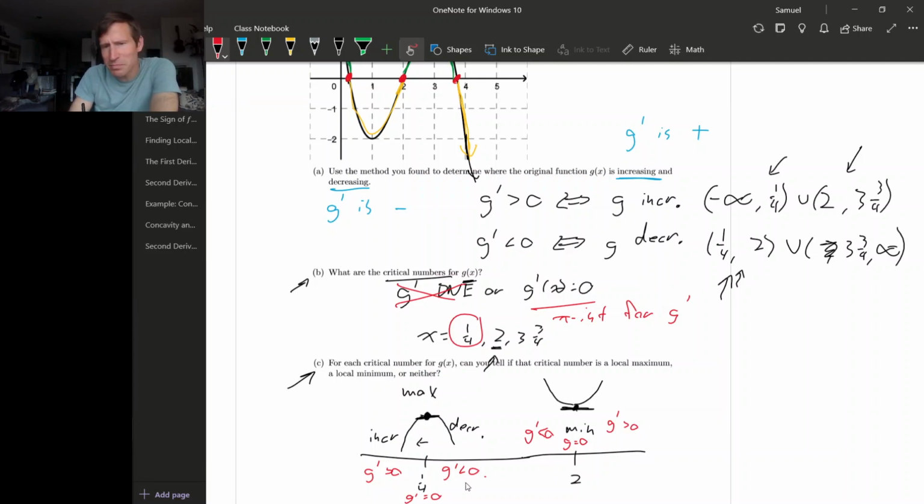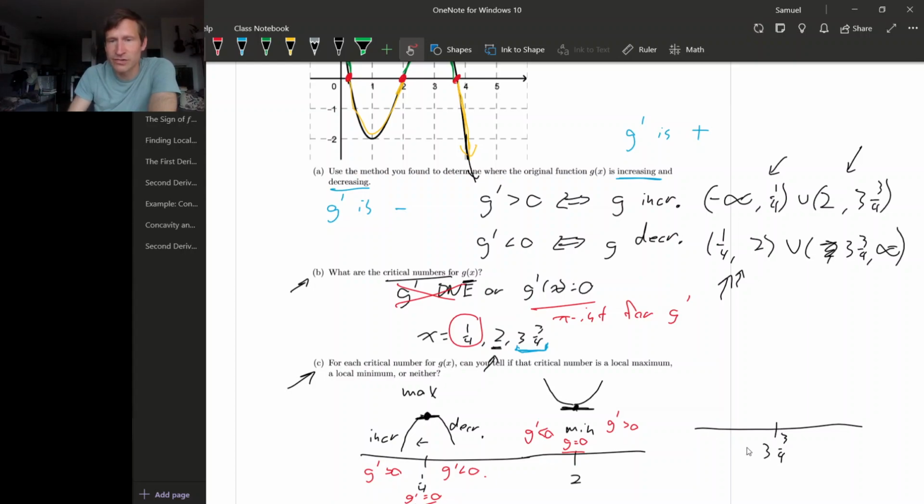So you can see what's happening here is the derivative going through 0 and changing sign, either from positive to negative or negative to positive, and that seems to be determining whether we have a local minimum or a local maximum. So just based on how the derivative is changing, let's look at 3 3/4 and predict whether it is going to be a local min or a local max.